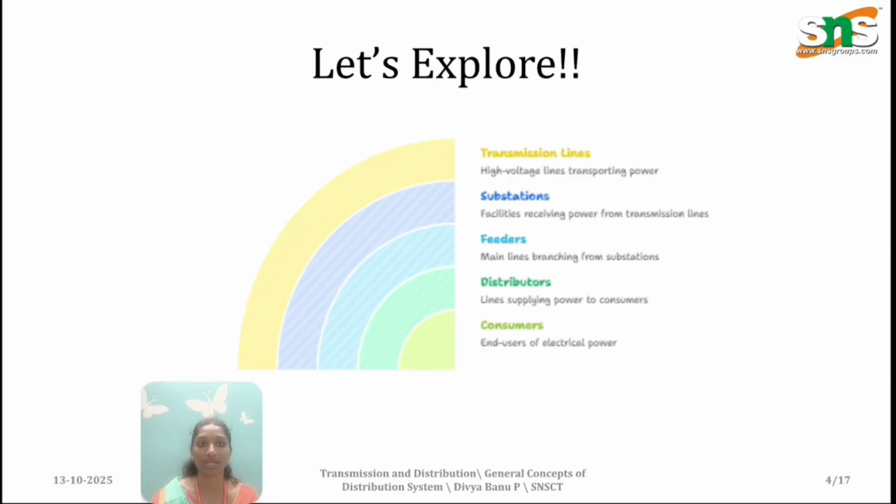So from the substation, the distribution part starts. The intermediate part is the feeder. Next is the distributor, which is the line supplying power to the consumers. Who are the consumers? Consumers are ourselves, the end users who use the electric power. So this is the flow from the transmission line part to the distribution part.